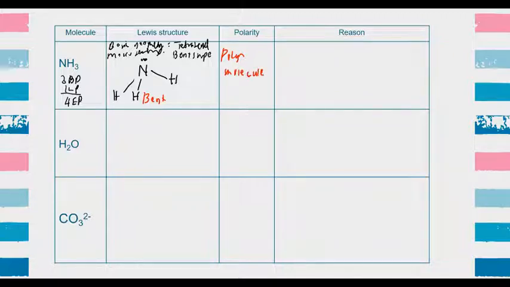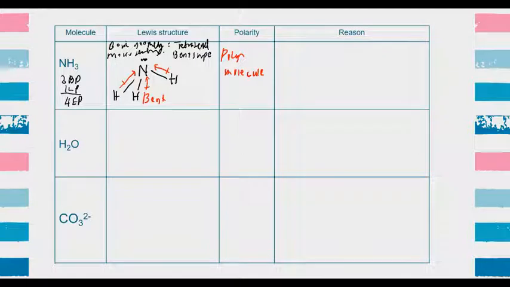So kalau kita lukis dia punya dipole moment, semuanya akan menghala ke arah nitrogen sebab nitrogen lebih elektronegatif berbanding dengan hidrogen. Tambahan lagi ada lone pair di situ ya. So that dipole moment cannot cancel out each other.